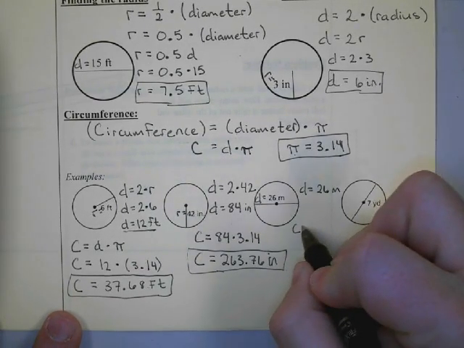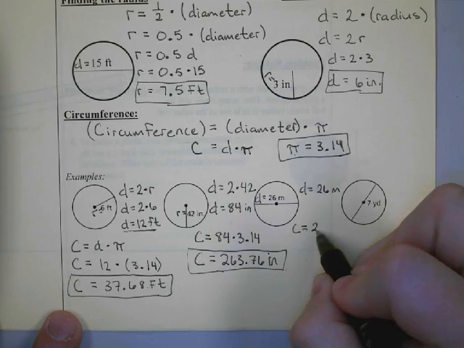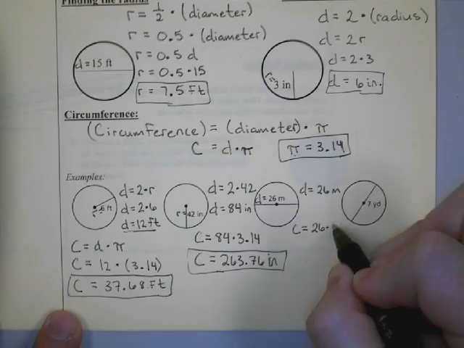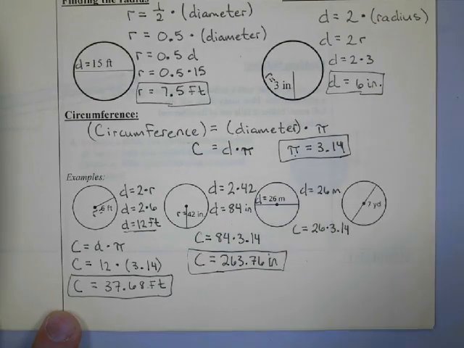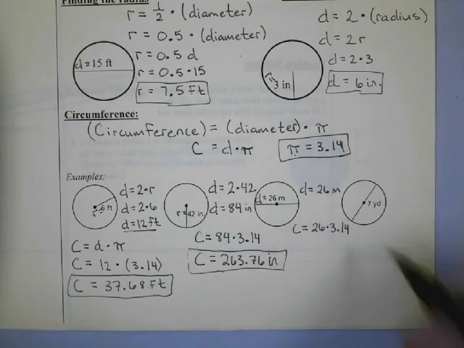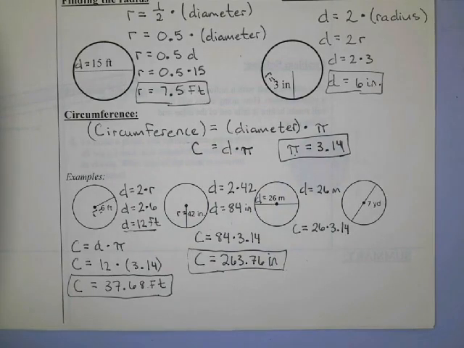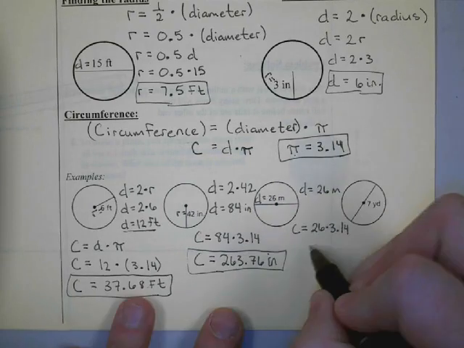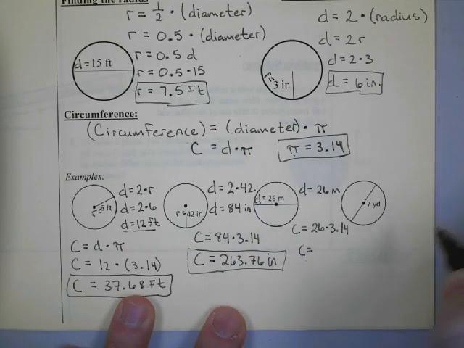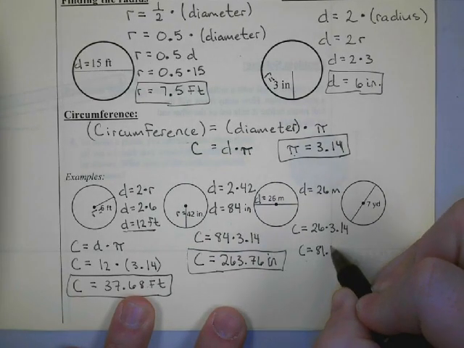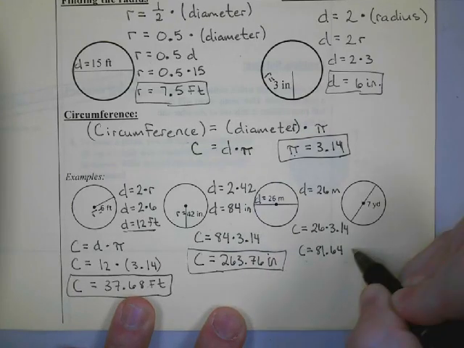So my circumference will equal 26 times 3.14. Then I plug this into my calculator, and we'll have our circumference is equal to 81.64 meters.